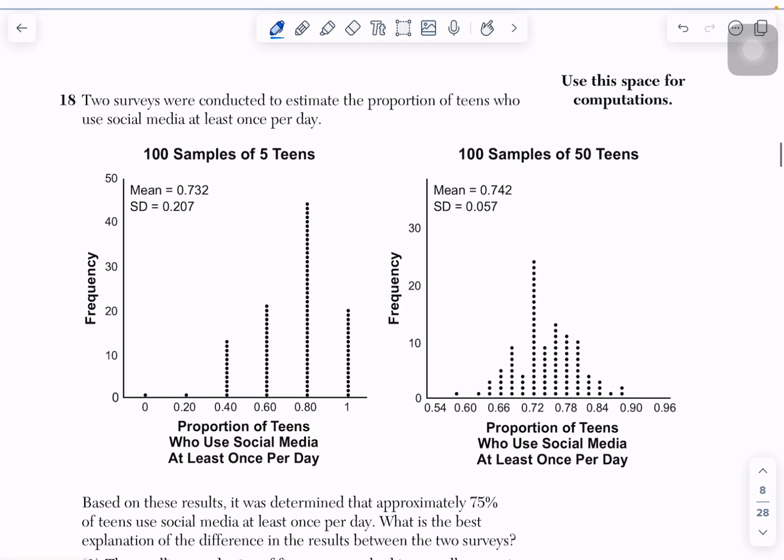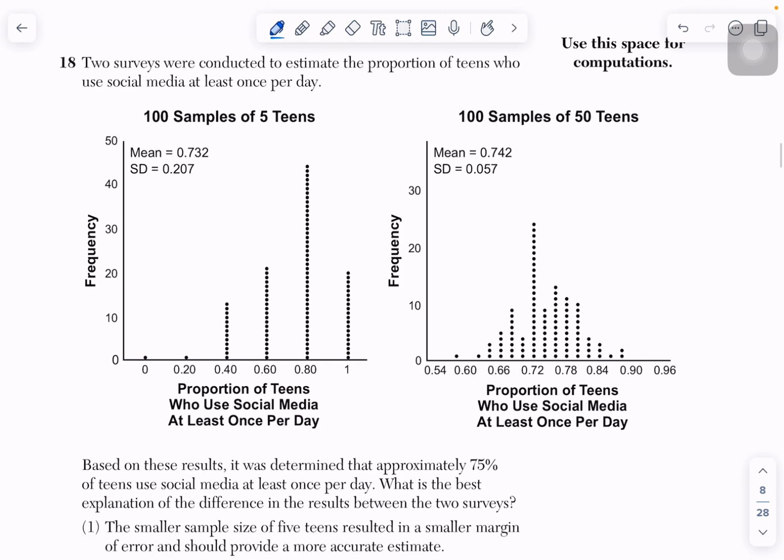Another statistics problem, which kind of, this one is kind of common sense, right? If they take 100 samples of 5 teens, so they walk around and ask 5 teens, and they walk somewhere else and ask 5 teens, and they do this 100 times, right?